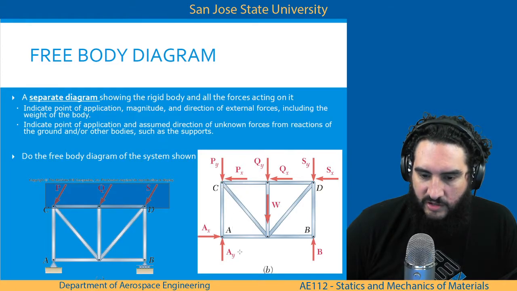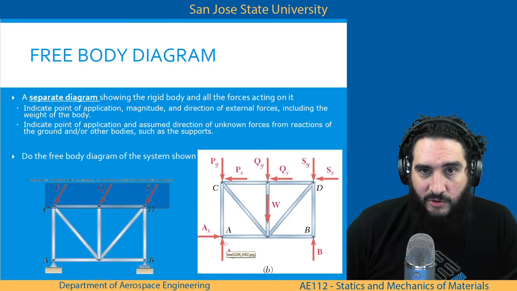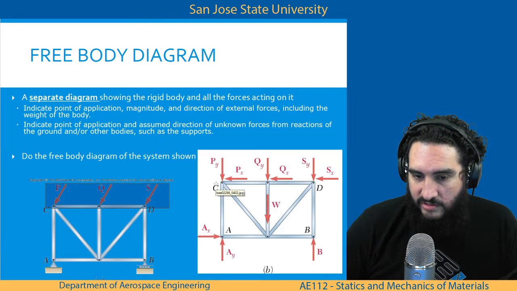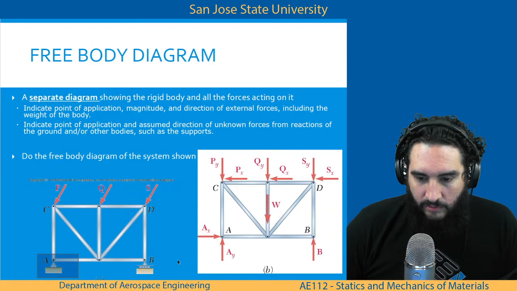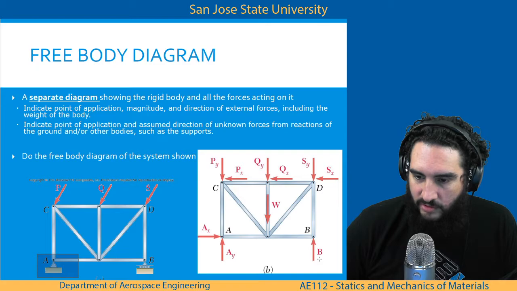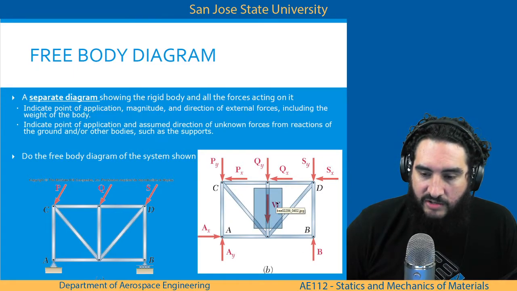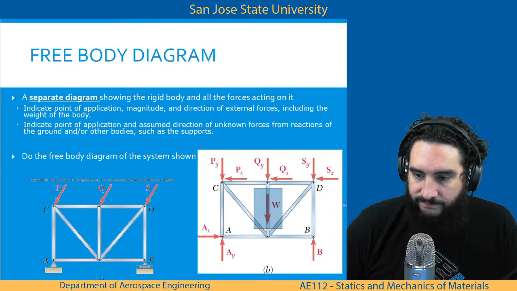It doesn't tell us what direction they assumed is positive, but I would just always assume it's a standard Cartesian coordinate system. So at A, we get an X and a Y because it looks like it has a pin here. At B, it's on rollers, so we only get a normal force. And then they add W, which acts through the centroid of the body.